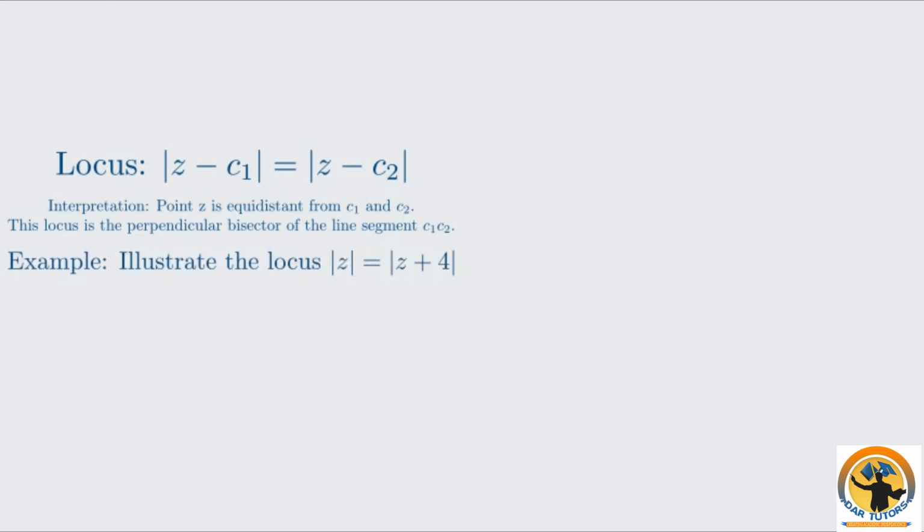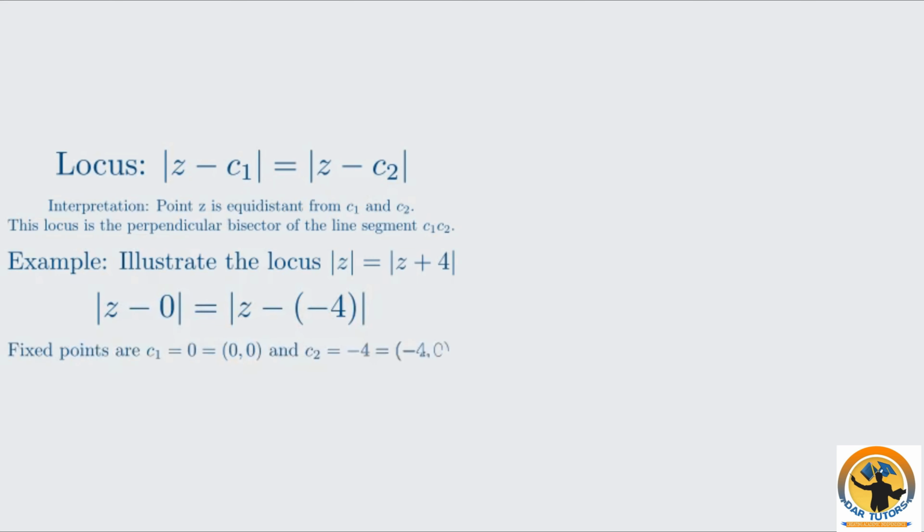Let's illustrate the locus for the equation modulus of z equals modulus of z plus 4. First, we rewrite the right side to match our standard form z minus c. The equation is equivalent to modulus of z minus 0 equals modulus of z minus negative 4. This tells us the locus is the set of points equidistant from 0 and negative 4. The 2 fixed points are the origin (0, 0) and the point (-4, 0) on the real axis.